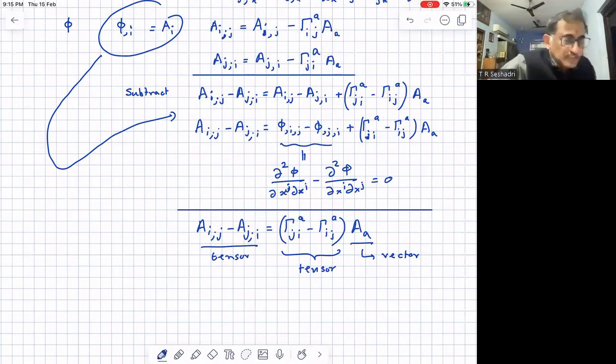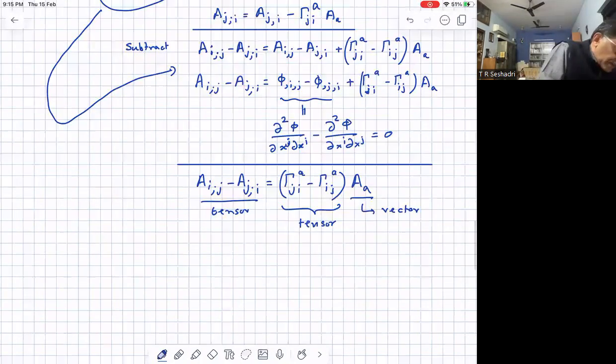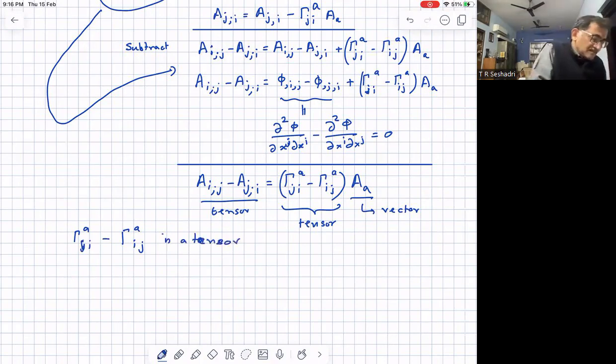So the non-tensorial nature gets cancelled out. So I have that this difference is a tensor.